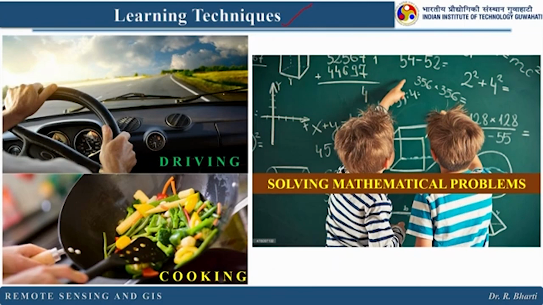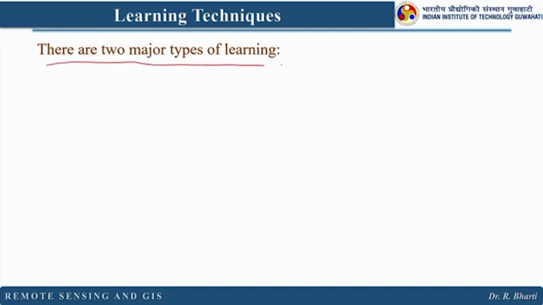So the same logic has been adopted for image classification, where we will give some fundamental information to our method, and then slowly in each iteration it will learn itself and it will improve the accuracy of your classification. So there are two major types of learning, right? Supervised learning and unsupervised learning.